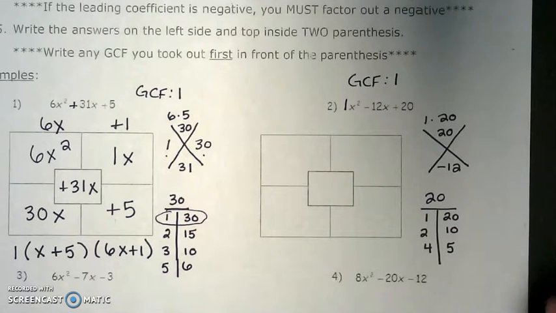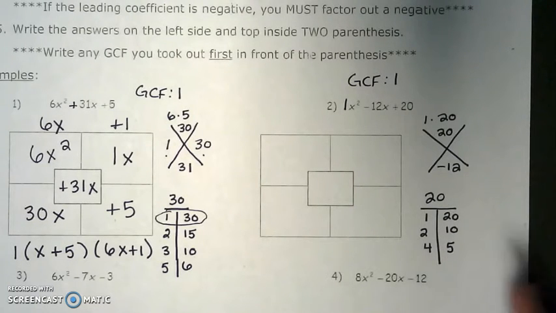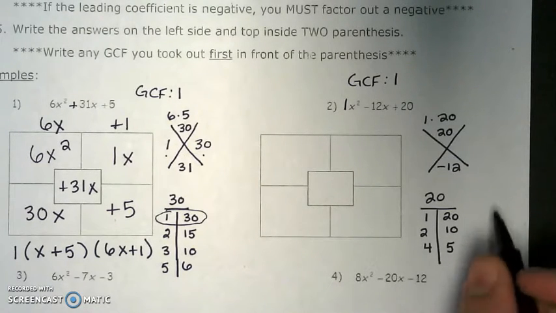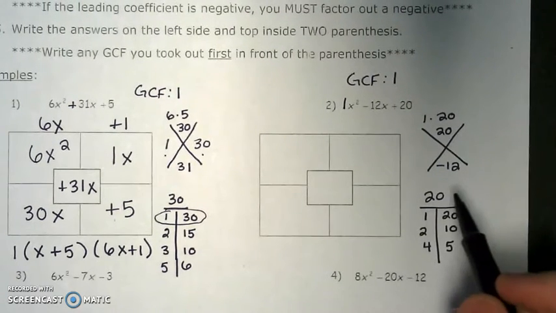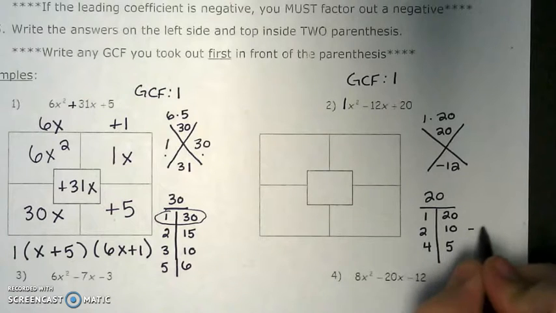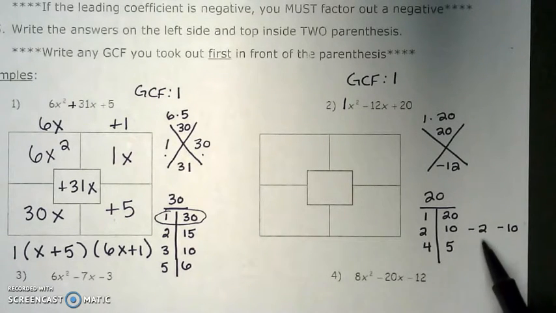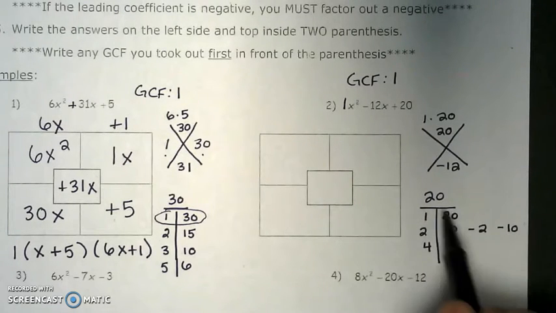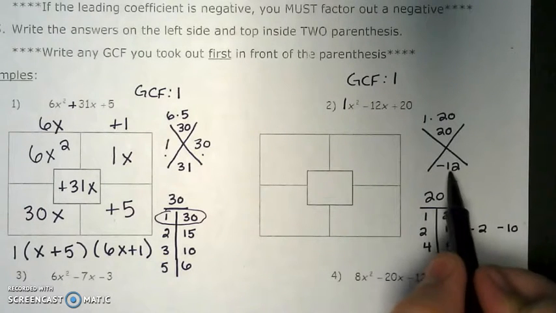Now, the one that does give me 12 though is 2 and 10. Well, the way to get negative 12, but also multiplying to get a positive 20, is just simply adding negatives to both of those. So negative 2 times negative 10 will still give you positive 20, but it'll add to get negative 12.